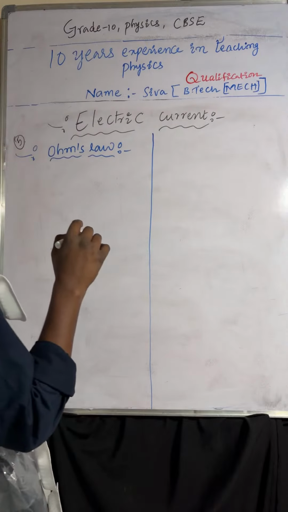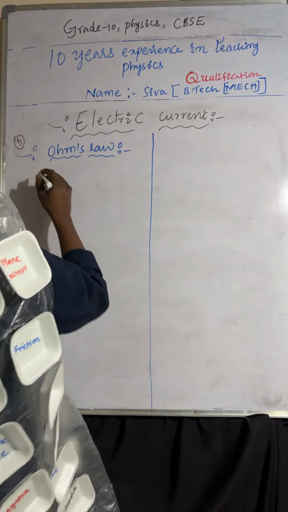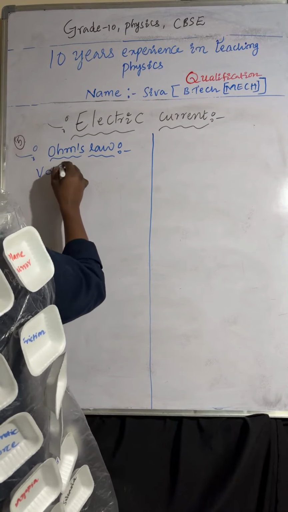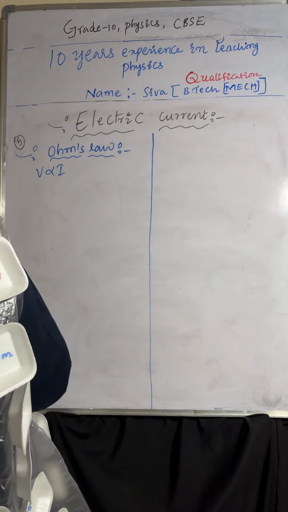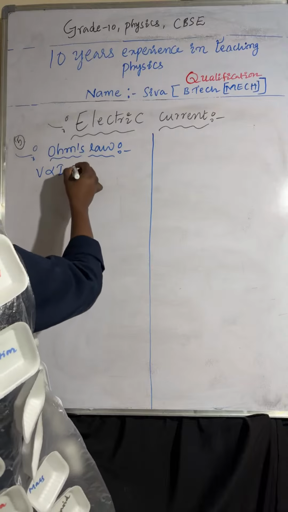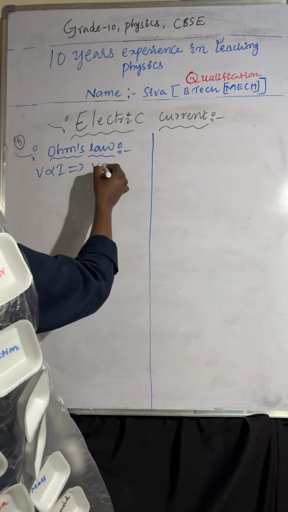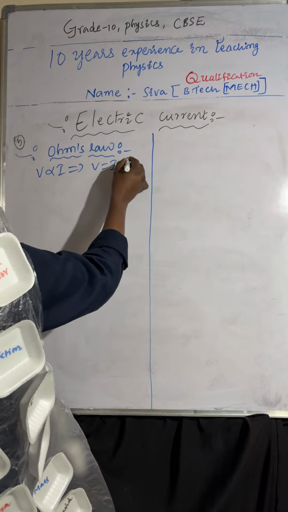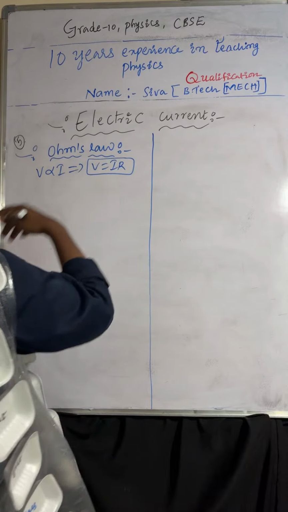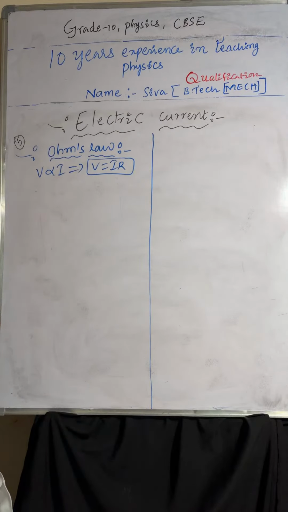The potential difference across the ends of the given metallic conductor is directly proportional to the current flowing through it. V is directly proportional to I. V equal to IR, at constant temperature. At constant temperature is very, very important.